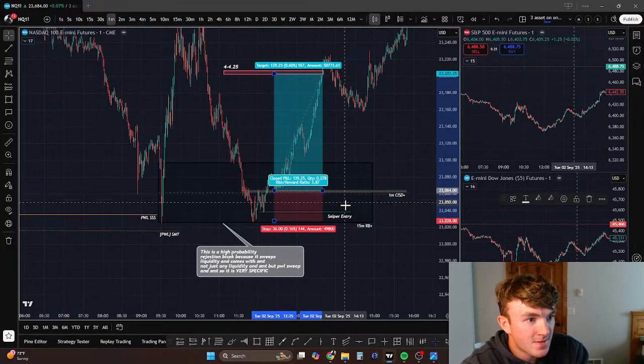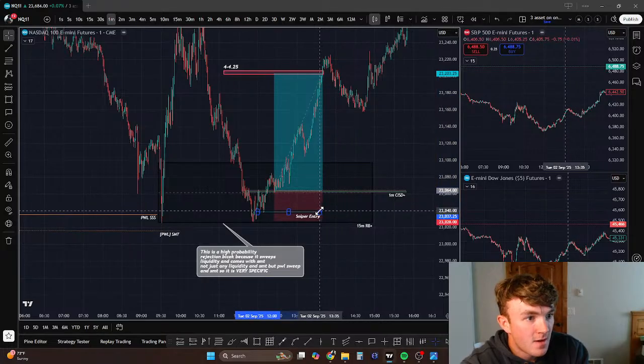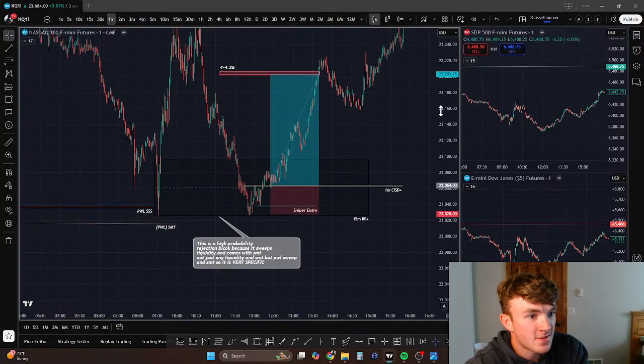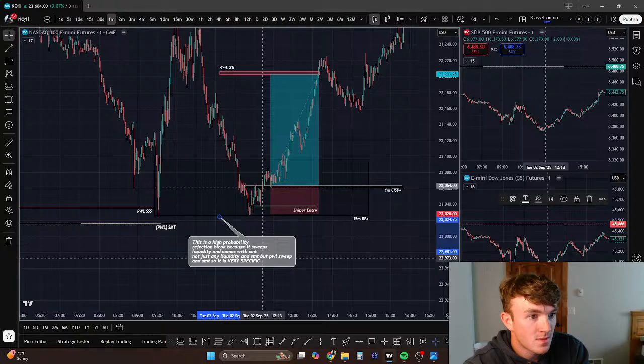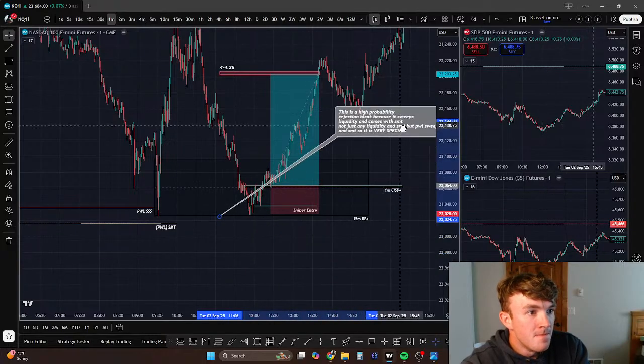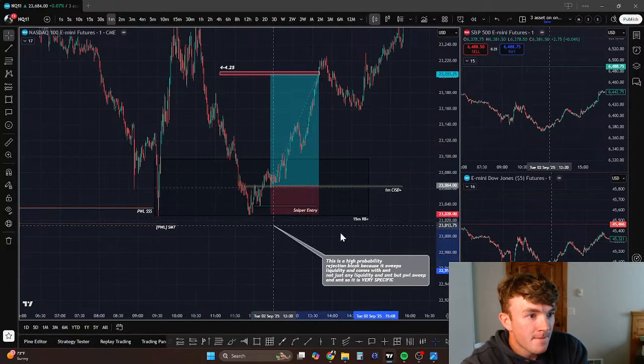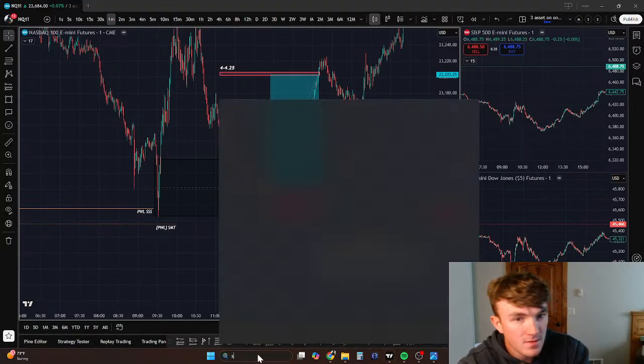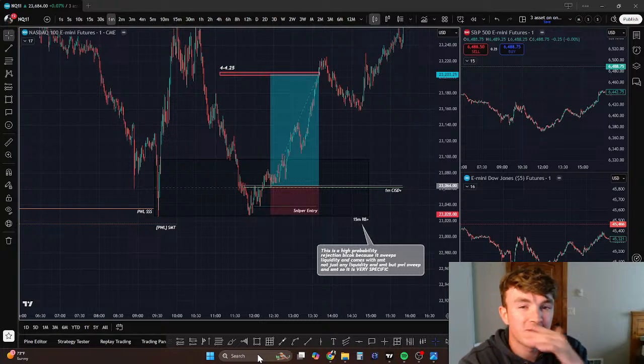So let's go ahead and save this. This is a flow state Phoenix because we're taking a Phoenix model and we're waiting for a lower time frame change to delivery. So let's go ahead and screenshot that.